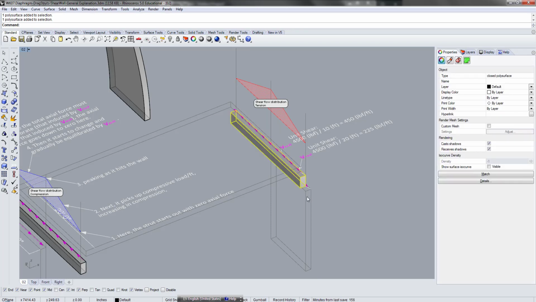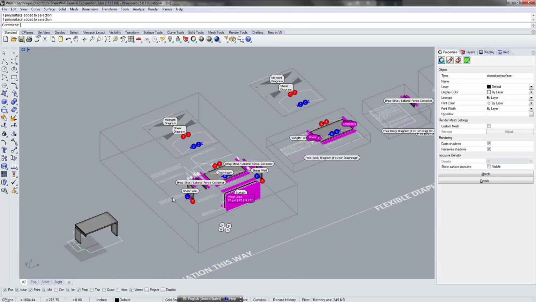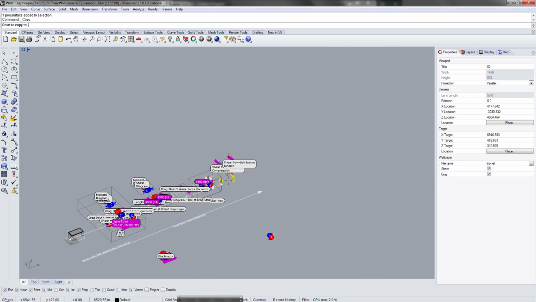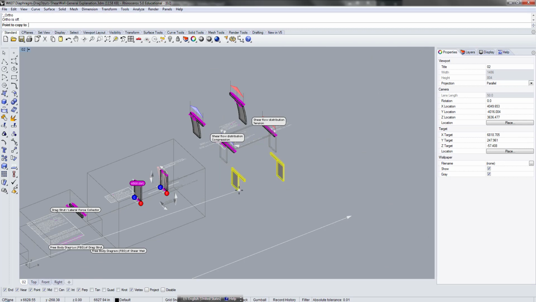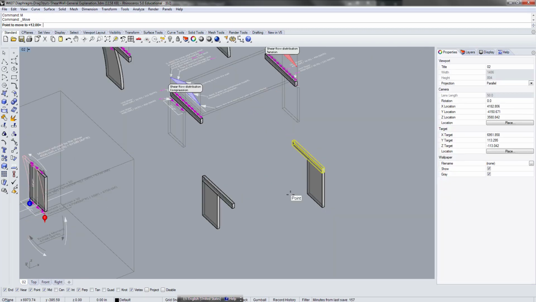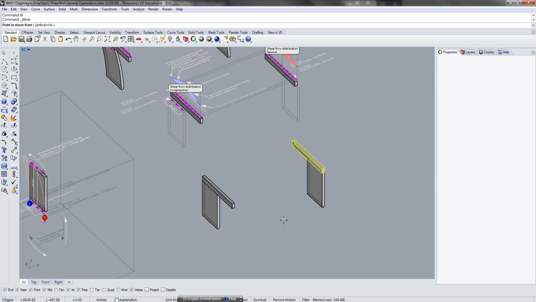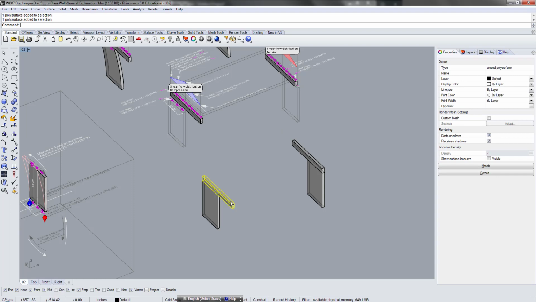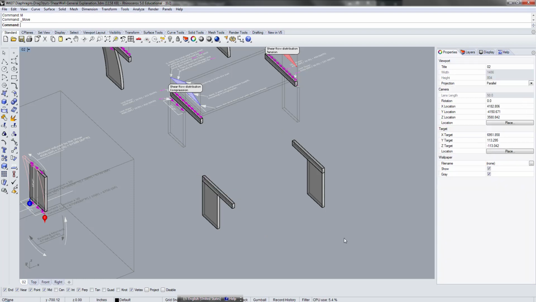If I isolate these two, the important thing is there's a constant force acting at the top side of these two beams, but you can see how this is almost like pulling this wall, and this is almost like pushing that wall.